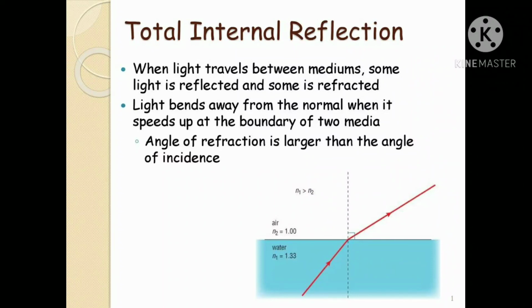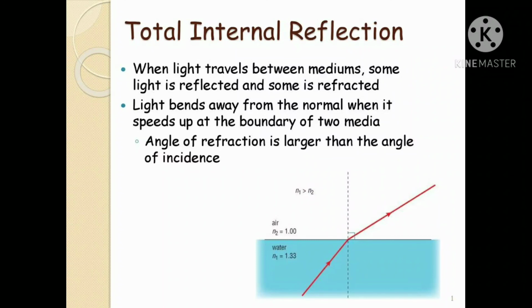In the first step, when it was passing from the higher denser medium to the lower denser medium, refraction took place, right? And the second time, when the angle of incidence is greater than the critical angle, reflection has taken place. Now in this entire phenomenon, refraction has taken place and reflection has also taken place. So this is called total internal reflection.